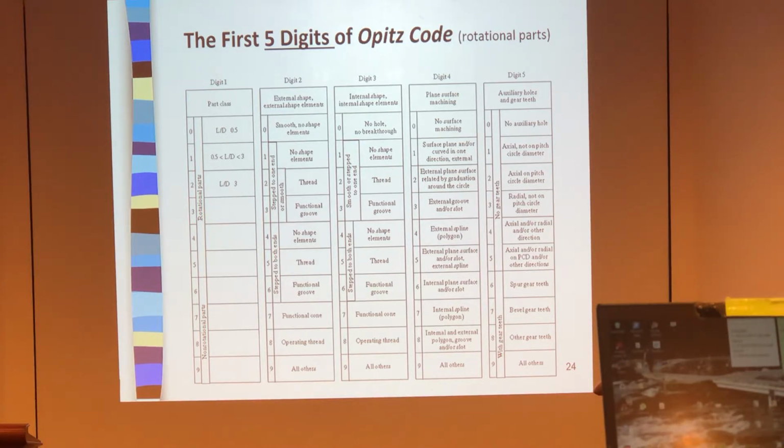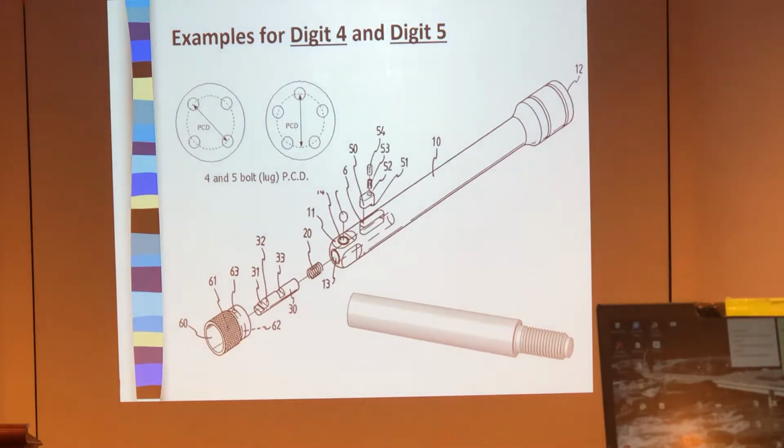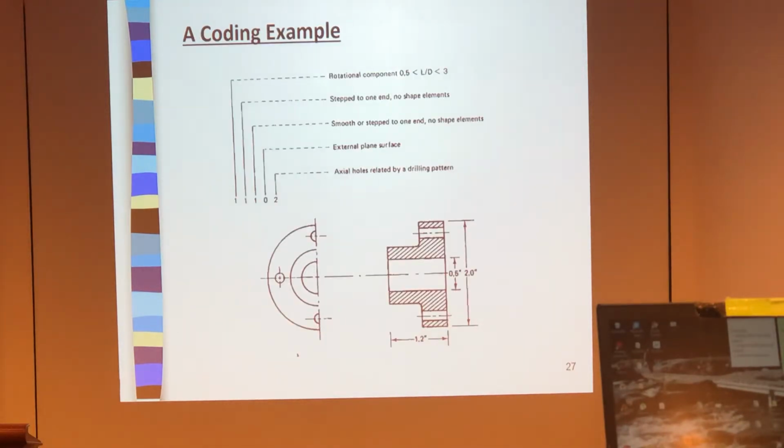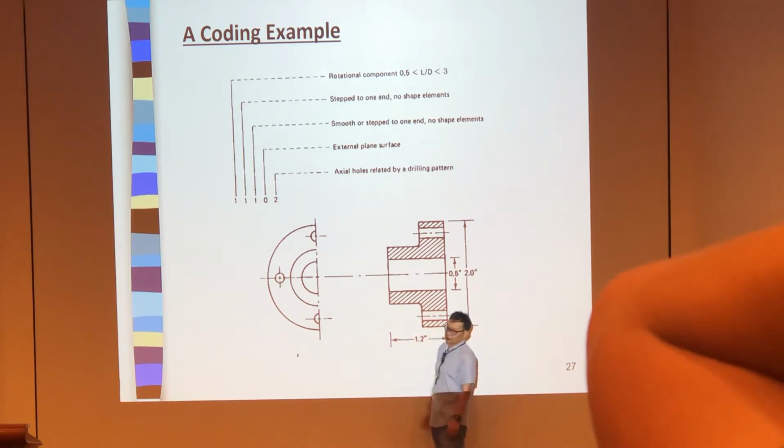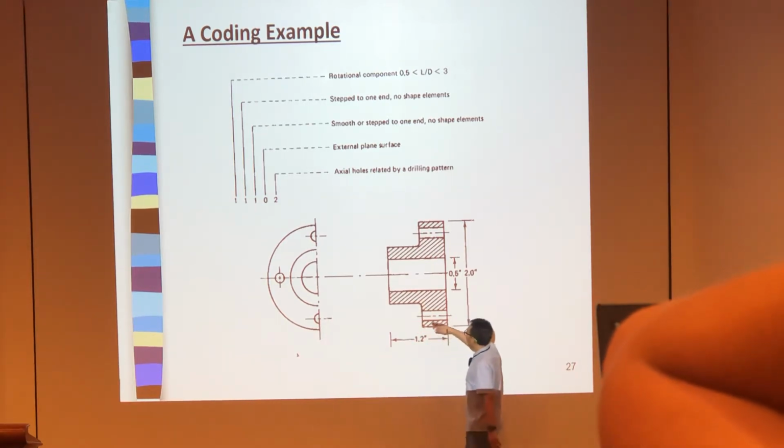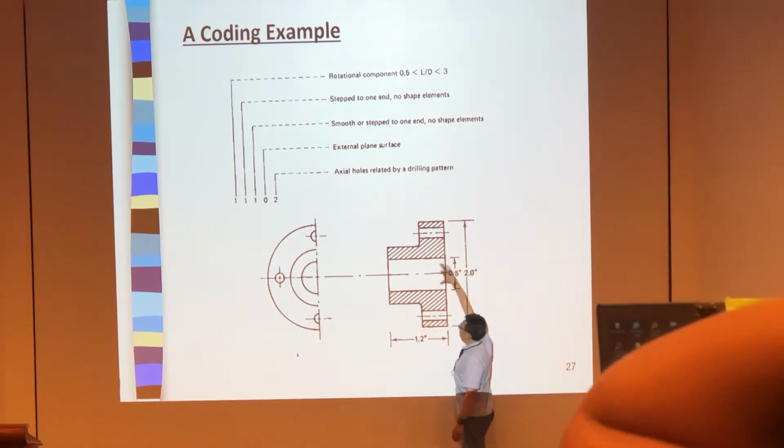the features are actually classified into external and internal. Internal means the hole. Let me show you the example in this final example. Rotational parts refer to the external shape, and this represents the internal.